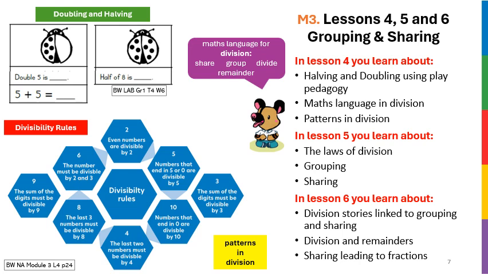So there are 5 dots on the left. She will have to draw 5 dots on the right, and then 5 and 5 altogether will give 10. On the picture to the right of that, we see a ladybug with dots on both her wings. She has 4 dots on one wing and 4 dots on the other wing. And now we want to find out what is half. Altogether these dots are 8, but what is half?